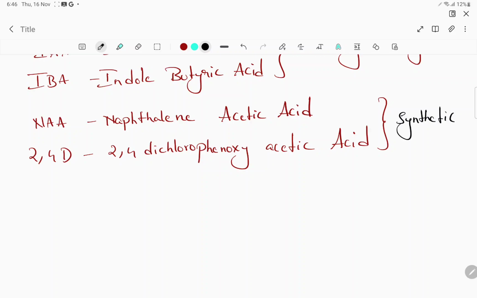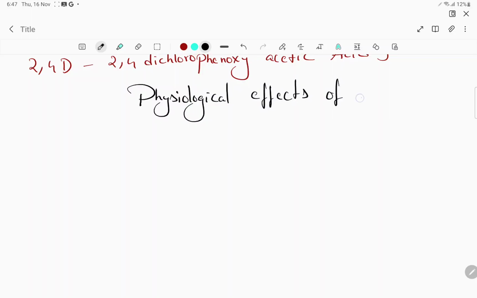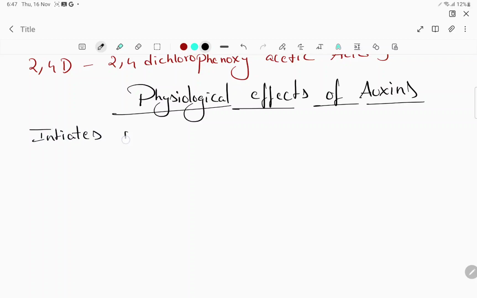So coming to the physiological effects of auxin. The physiological effects of auxins are: initiates roots in the stem cuttings.